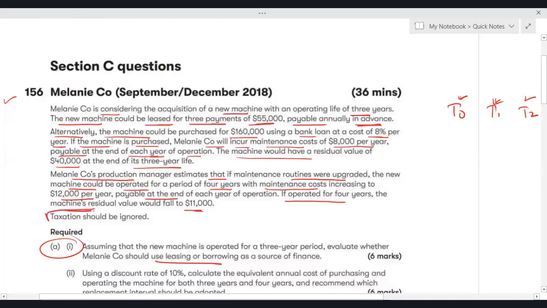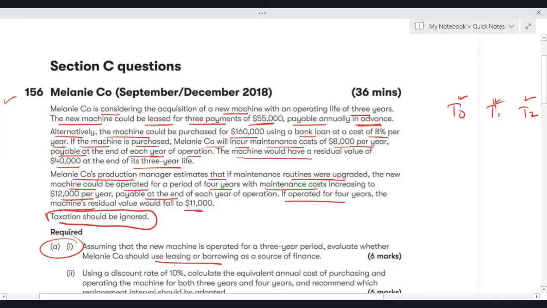Look at this, they're saying ignore taxation, which means that we will show the rental payment, but tax saving from the rental payment will not be a part of the answer. Why? Because the examiner says ignore taxation.